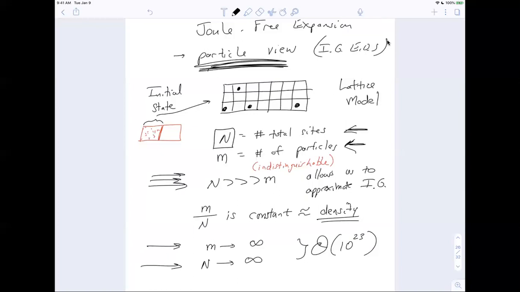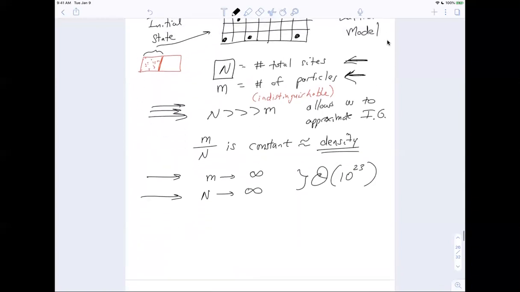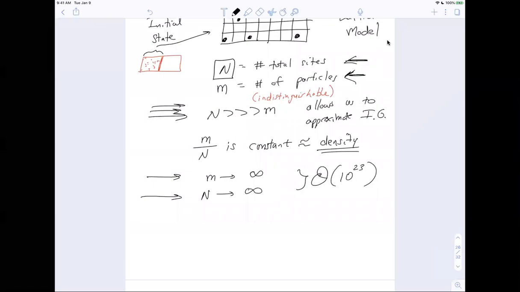So they're very important constraints and conditions that we impose. These constraints allow us to use mathematical approximations, namely Stirling's approximation, as well as to mimic the physical system that we're trying to model, which is an ideal gas at constant density, okay?